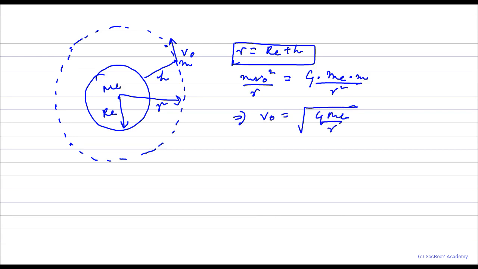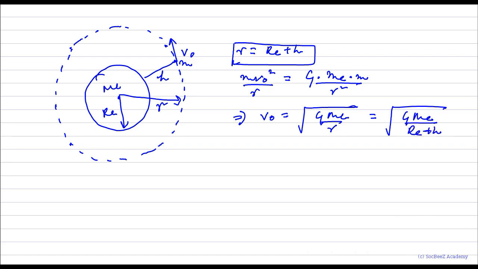If I put in the value of r as Re plus h, this gives me the value of v naught as root over G Me upon Re plus h.